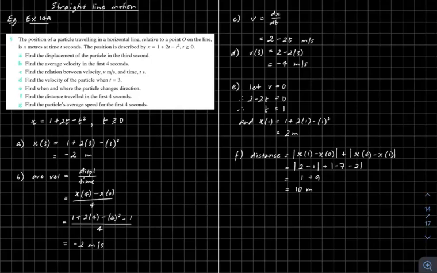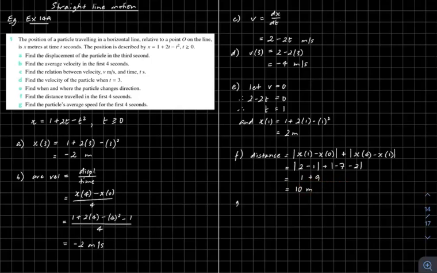So altogether it moves 10 meters in the first 4 seconds, but only 1 of those meters is in the positive direction, because actually at time 0 it's already at a position of positive 1, isn't it? So it moves 1 meter to the right and then 9 meters back in the other direction for a total distance of 10.